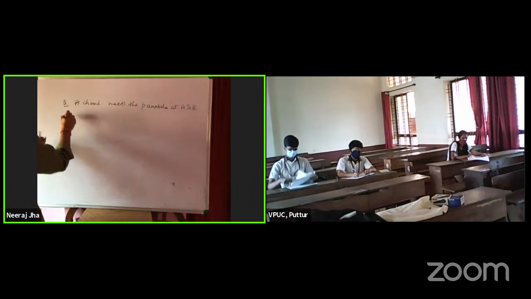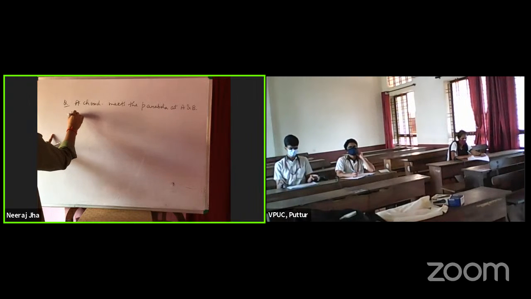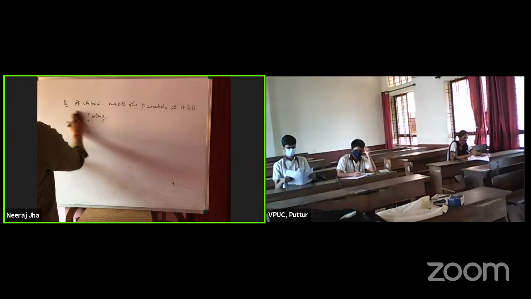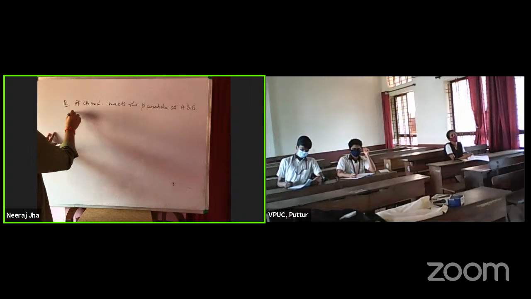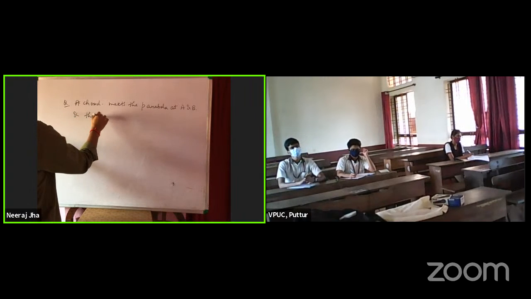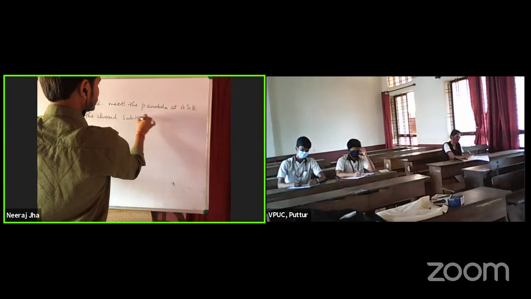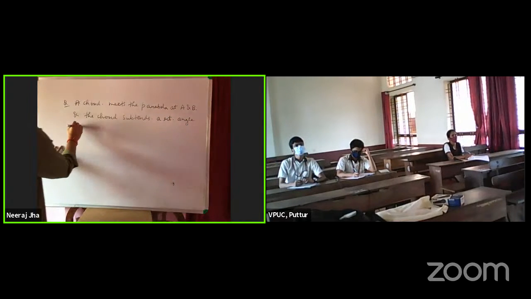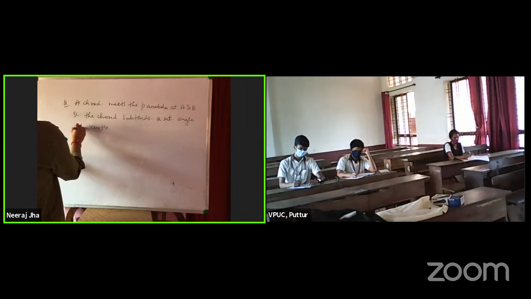Okay. The line joining, meets at A and B, and the chord subtends a right angle at the vertex. ठीक है.